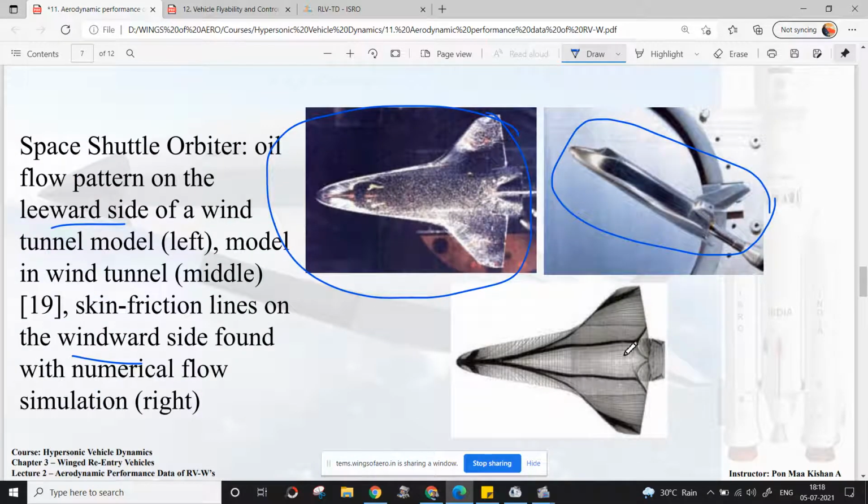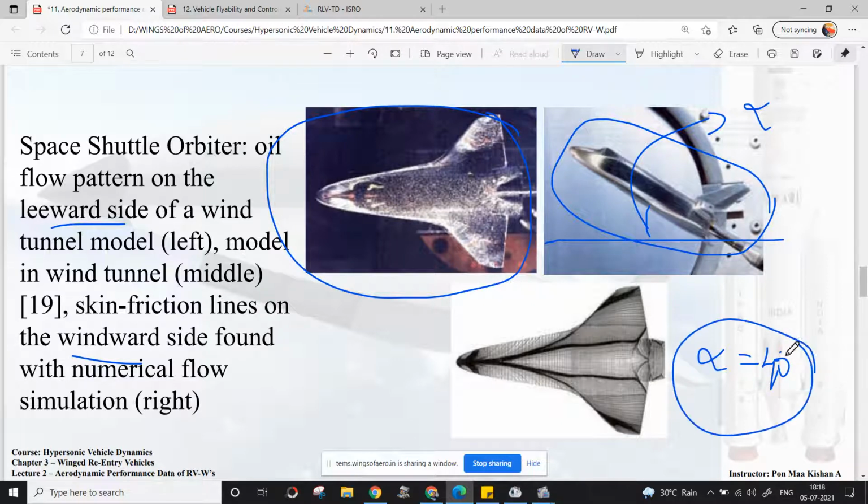So the first reason I have told you that we have to fly at larger angle of attack, right? We have discussed that earlier. Angle of attack needs to be around 40 degrees, 40 to 45 degrees. So why are we flying with a 40-degree angle of attack?